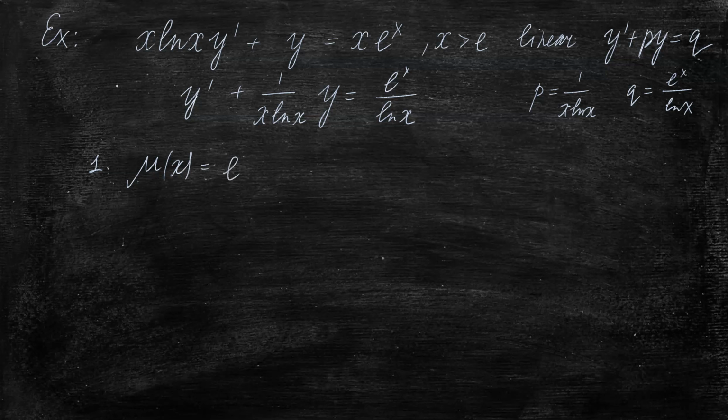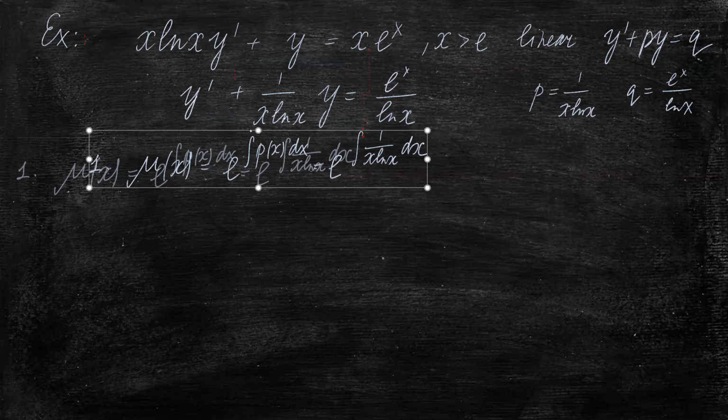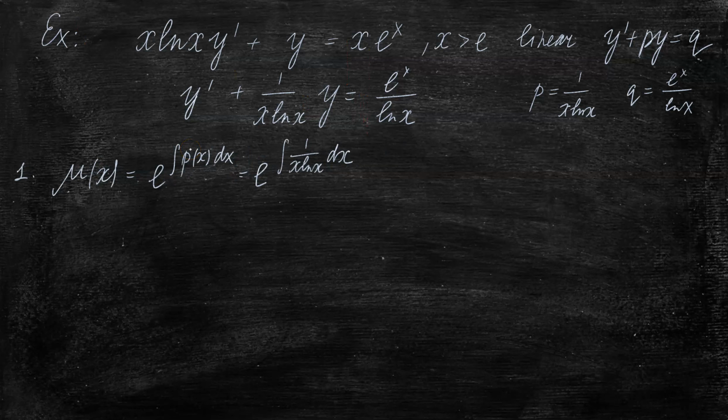So the integrating factor is e raised to the power of the integral of p, and p is 1 over x ln x dx. And again, we are so far in the course that we do know how to integrate any function, and to do this integral we're going to do a quick substitution. t is equal to ln x, and then dt is 1 over x dx.